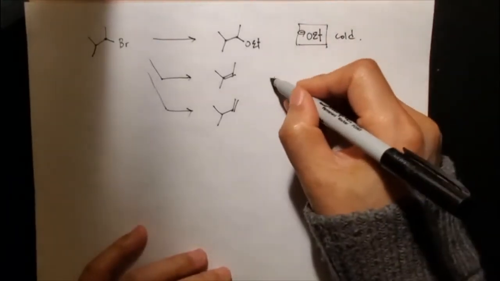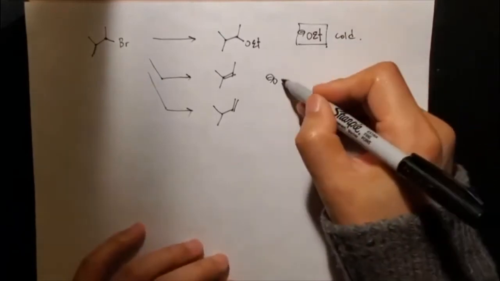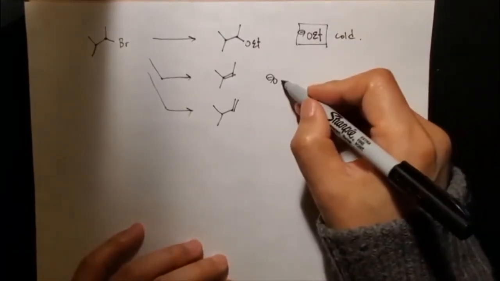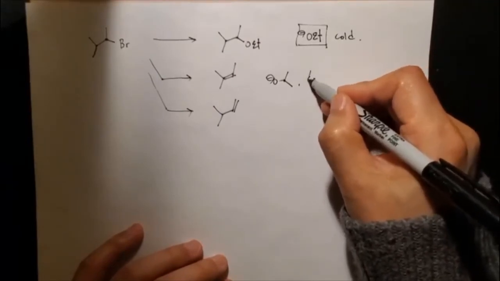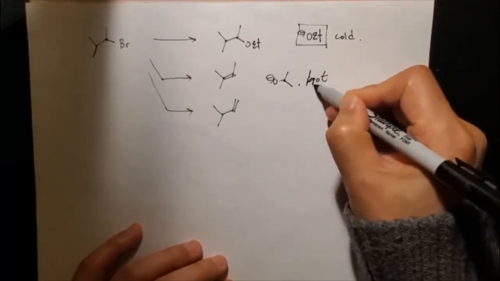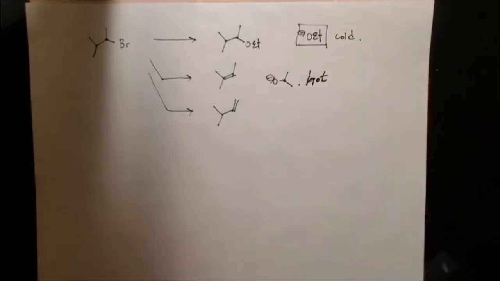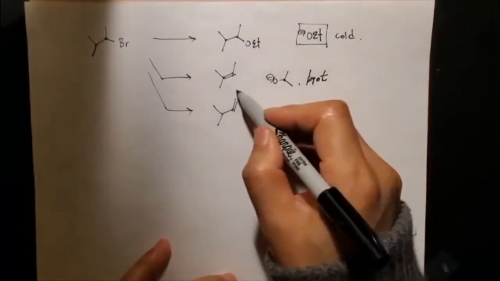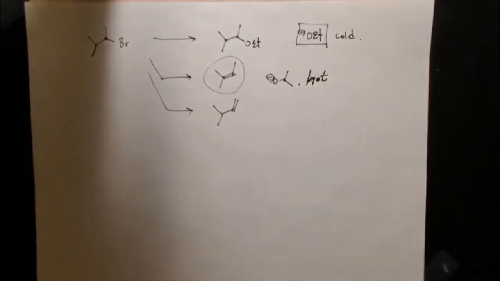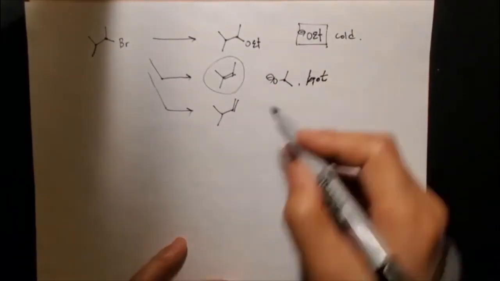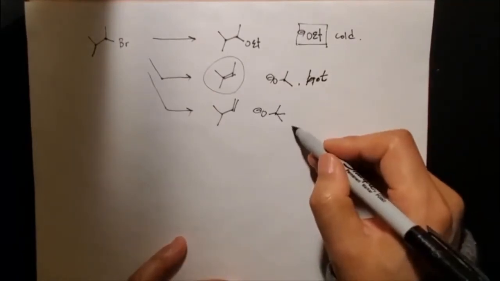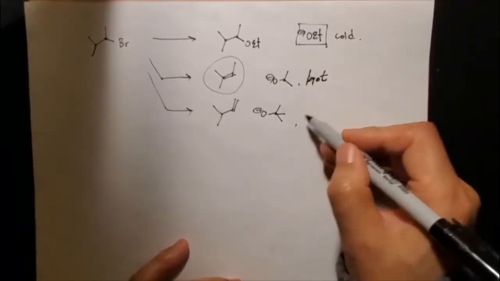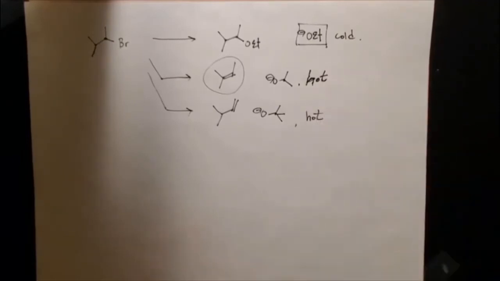So you use somewhat big base like ethyl group or isopropyl group, but this time you need, not cold, I'm sorry, you need some heating, because heating is helping elimination. So then you can get this as product selectively. For this, you need to use even bigger base. And for elimination, heating helps.